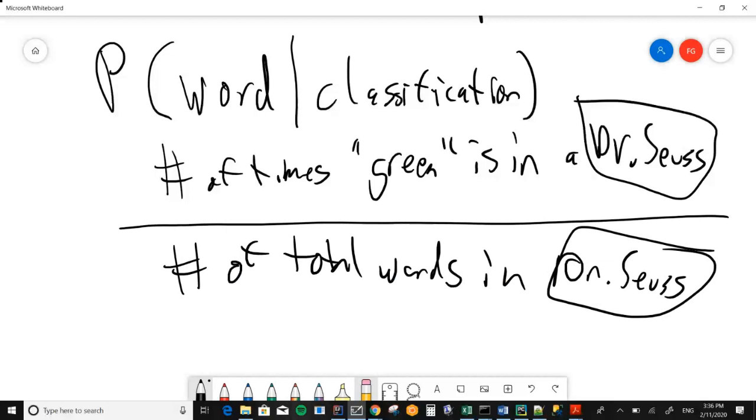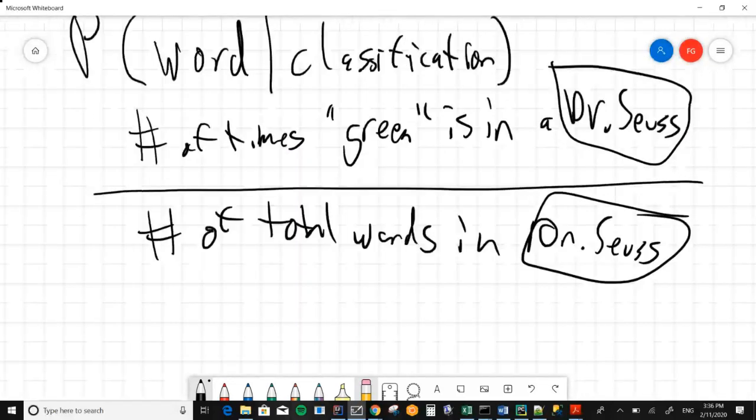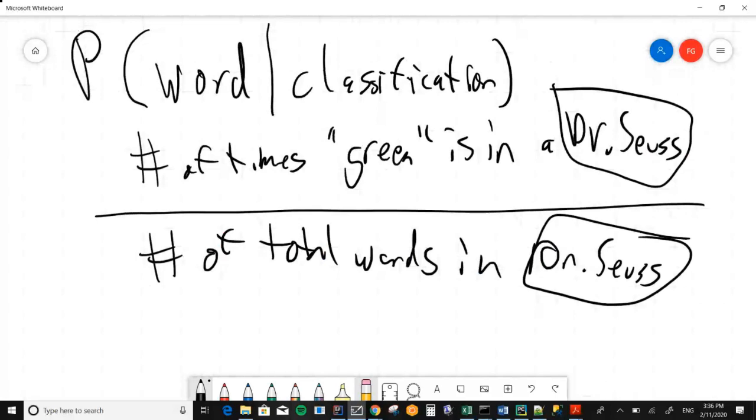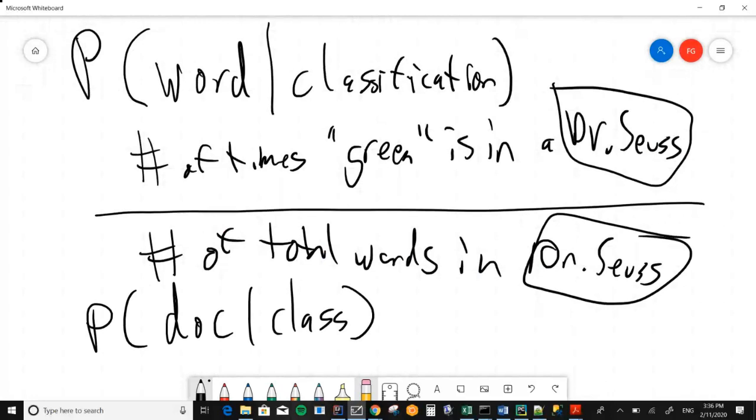Now you might be wondering, well, what's so naive about this classifier? I'm about to tell you. What's naive about this classifier is that we don't really care about the probability of the word given the classification. What we really care about is the probability of the document given that classification.